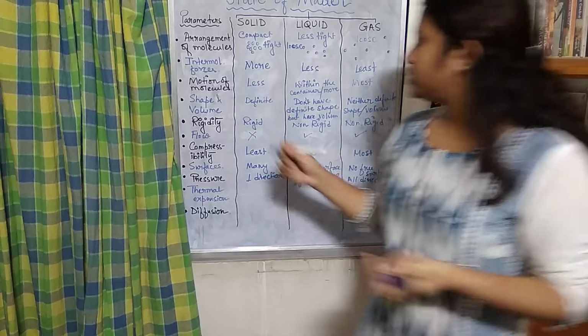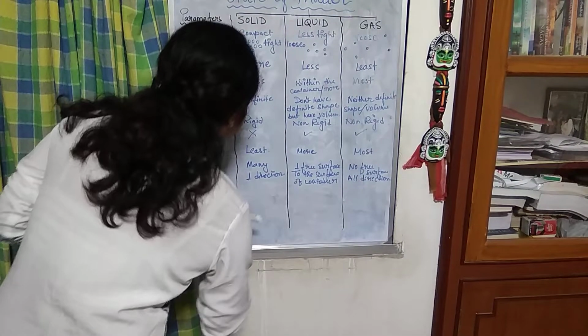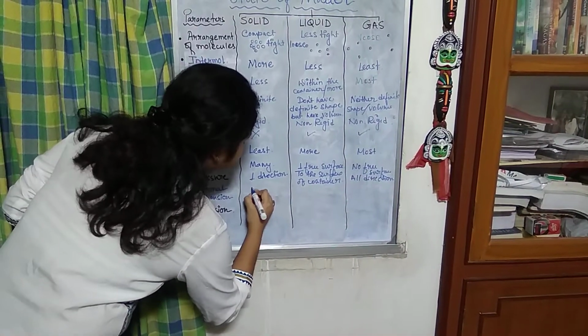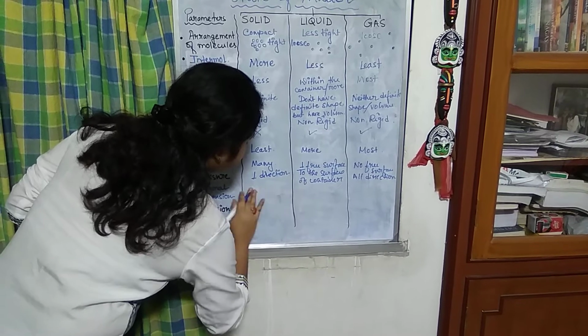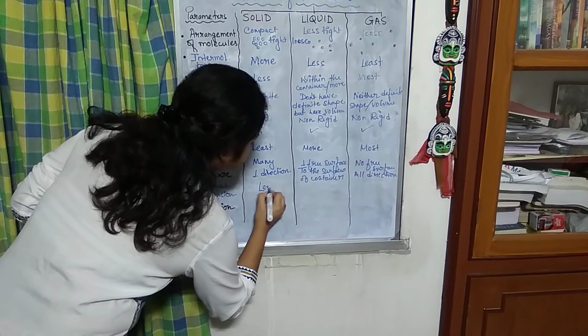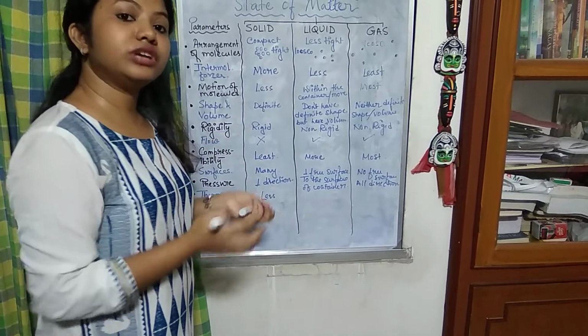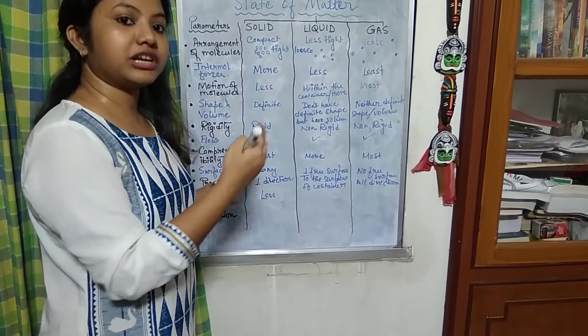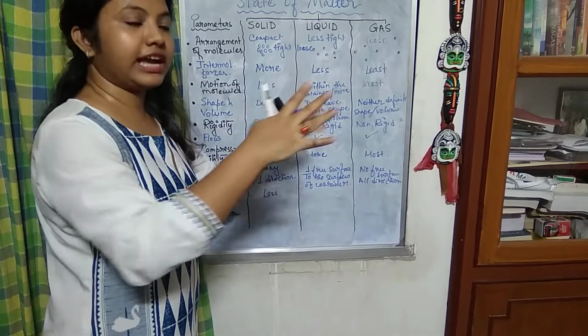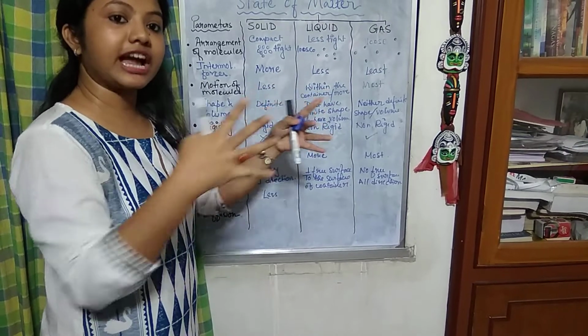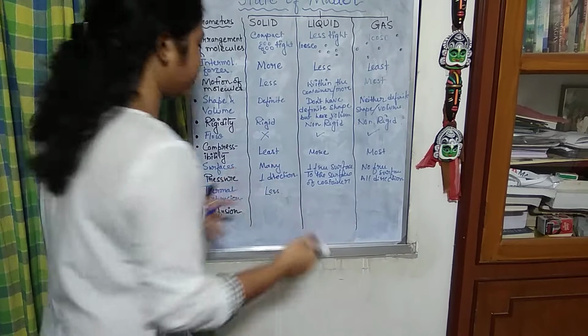So in case of solid, the thermal expansion is less. When we are applying heat to the liquid, the thermal expansion is more. It has the ability to scatter more than the solid.